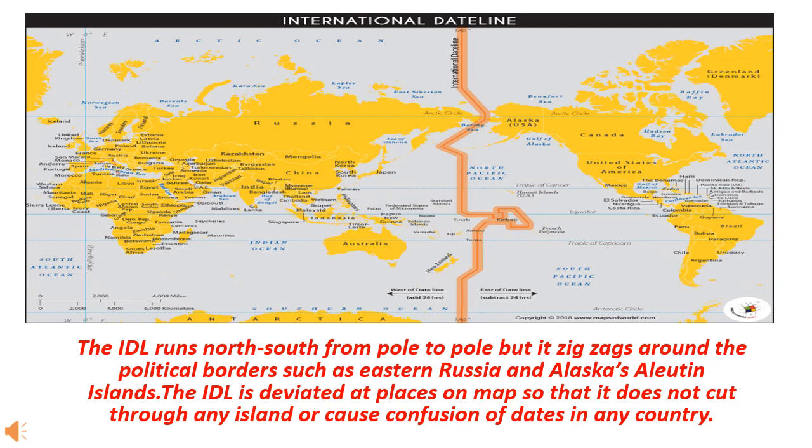The IDL runs north-south from pole to pole, but it zigzags around political borders such as eastern Russia and Alaska's Aleutian Islands. The IDL is deviated at places on the map so that it does not cut through any island or cause confusion of dates in any country.